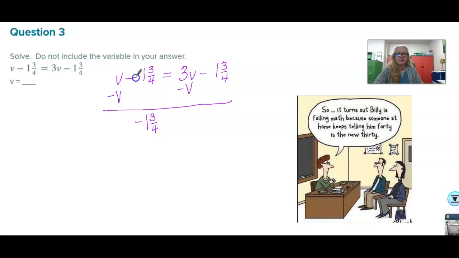Okay, this minus sign goes with this 1 3/4. All right, 3v minus 1v is 2v. Minus 1 3/4. Okay. Now to get 2v by itself, I need to get rid of this minus 1 3/4. I do that by adding 1 3/4 to both sides.